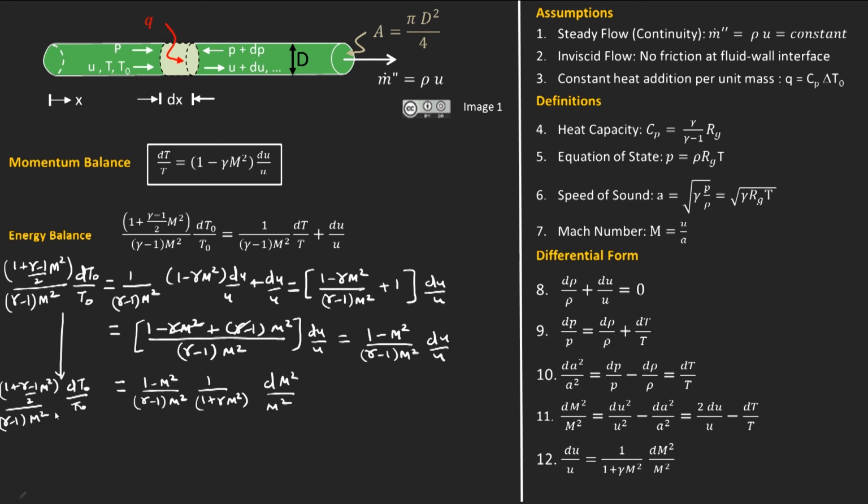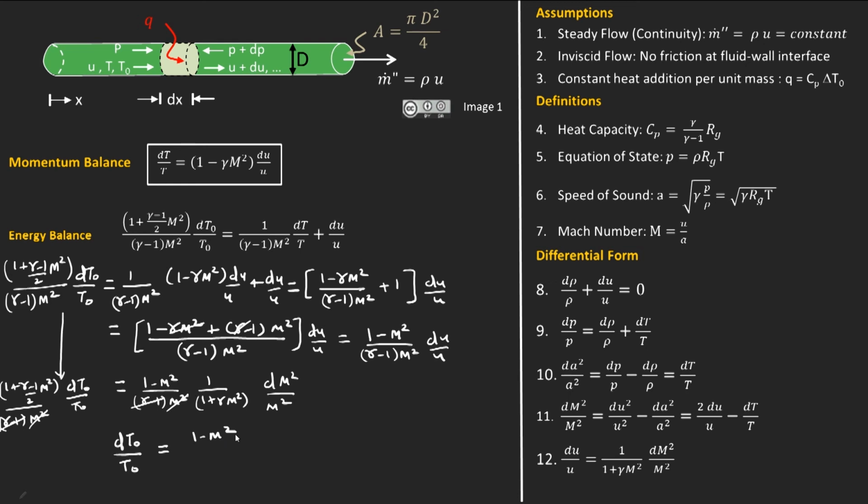For the last part, I'm just going to rearrange everything so that the variables are separated out nicely and write this as dT naught over T naught equals 1 minus M square. Oh, and I didn't point out that we could cancel the gamma minus 1 M square here with the gamma minus 1 M square.